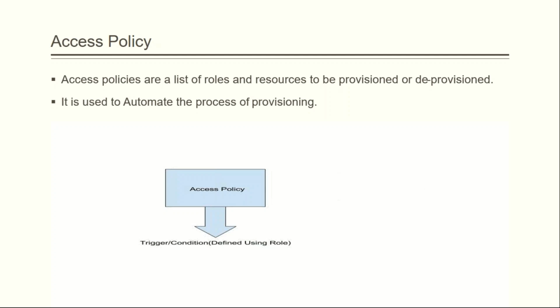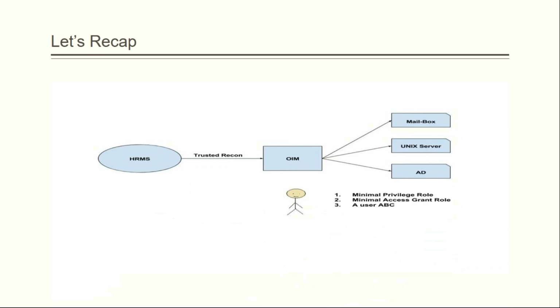Okay, so access policies are the list of roles and resources to be provisioned or deprovisioned. Now we are moving to the next slide. Let's recap. So far, there is an HRMS system. From the HRMS system, we are bringing the data to OIM; user creation and updation are all happening using trusted reconciliation. And I have three different target systems: mailbox, Unix server, and AD.